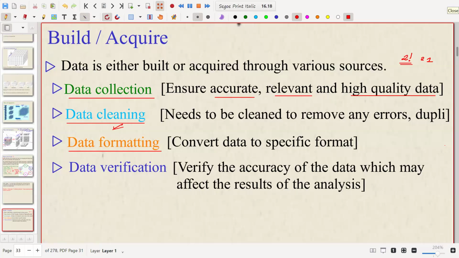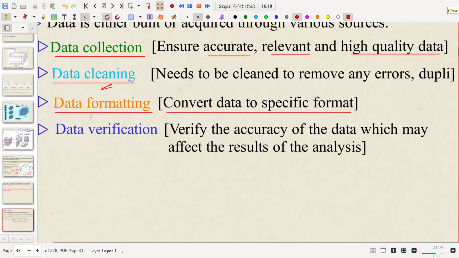Is it right or wrong? It's wrong. Date of birth is numerical: 2000, 1998, 1999 are numerical values. If you store that variable as categorical, it is wrong, so you have to redefine it as numerical, as an integer value. So convert data to a specific format. That's data formatting, an example.